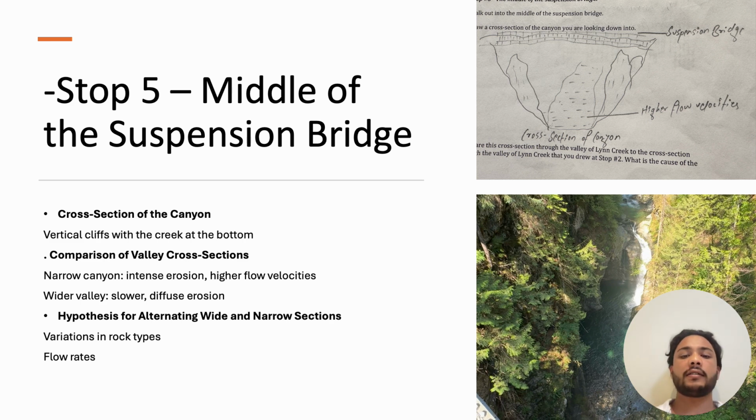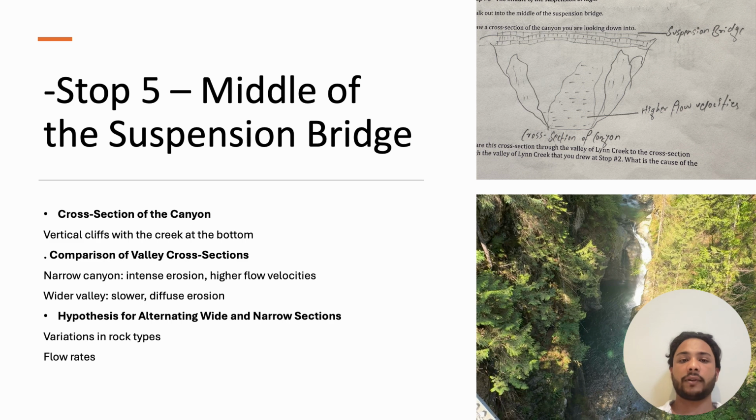The narrow canyon experienced the most change due to higher flow velocities and concentrated erosive forces. The steep, almost vertical canyon walls are due to erosion-resistant bedrock, less prone to weathering and collapse.